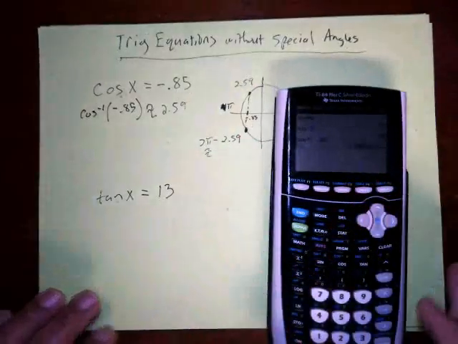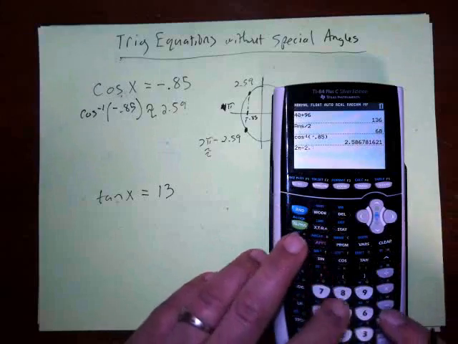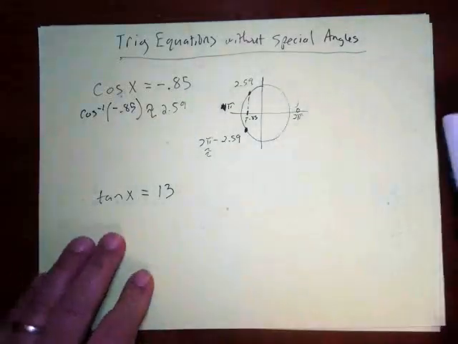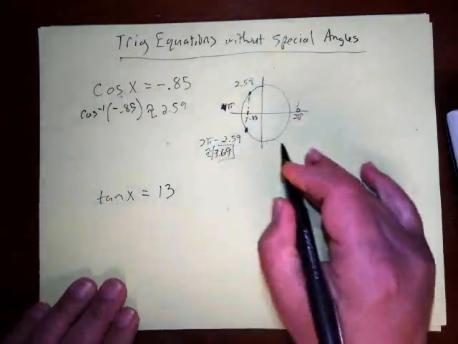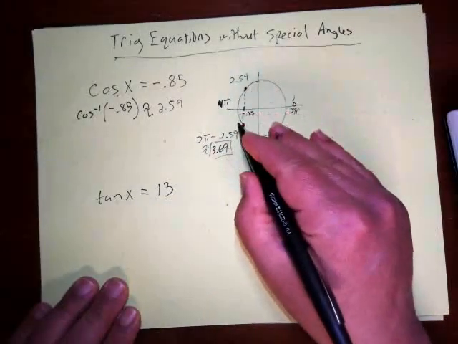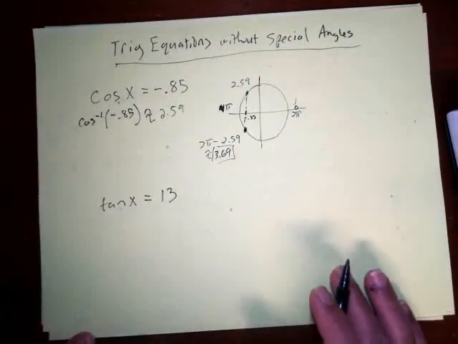Let's find out what that is. 2 pi minus 2.59, and I get approximately 3.69. And so this is my other angle. So 2.59, 3.69. And that's how you have to do it.